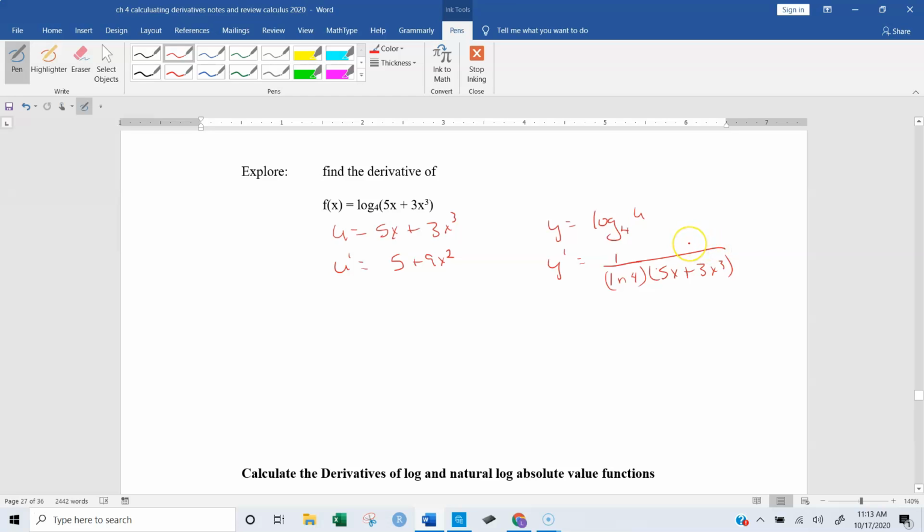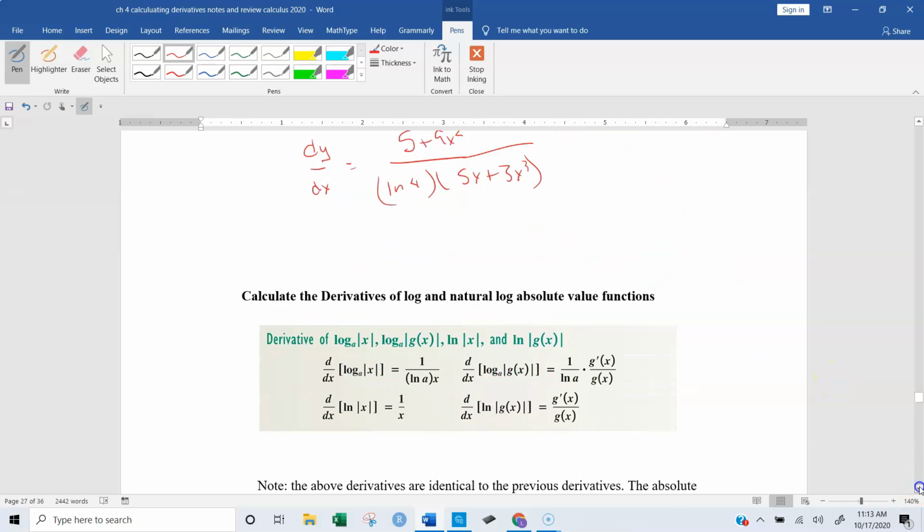So now we have to multiply our two derivatives together. So we take this derivative times this derivative. So the derivative of y with respect to x then is 5 plus 9x squared all over the natural log of 4 times 5x plus 3x cubed. Kind of long and ugly, huh? But all is good. Next one.